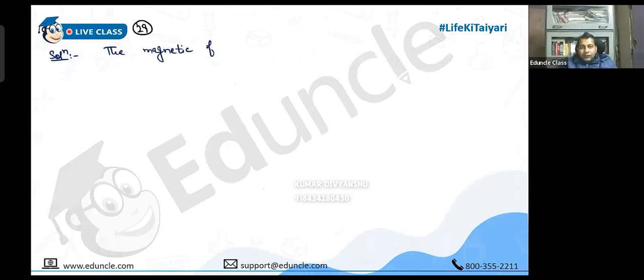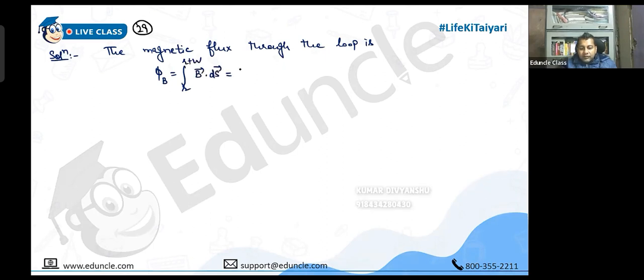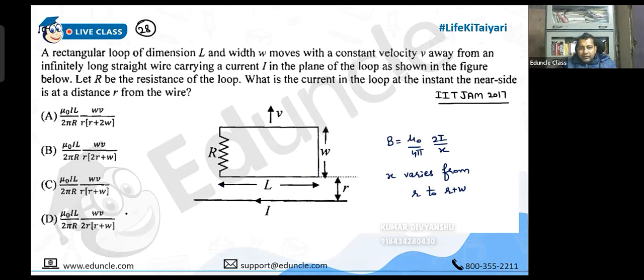So the magnetic flux through the loop is, phi, where phi means magnetic flux. It is the integral from R to R plus W of B dot dS, because flux is the surface integral of the dot product with the area vector. This is B, and dS will be L dx, because this is fixed, only this one is varying.